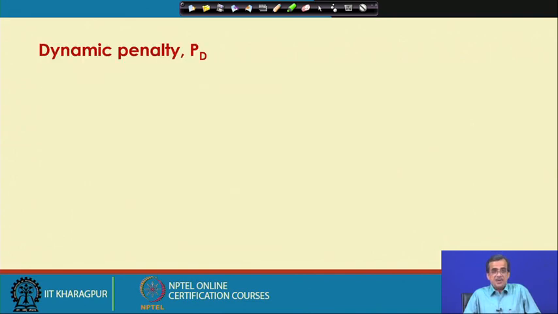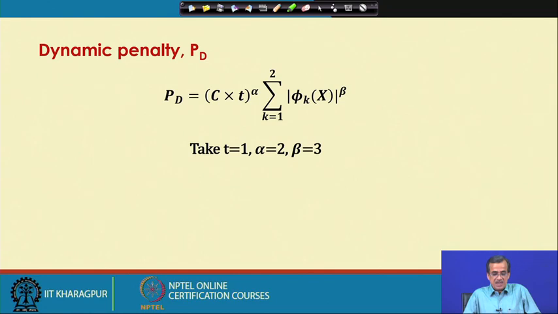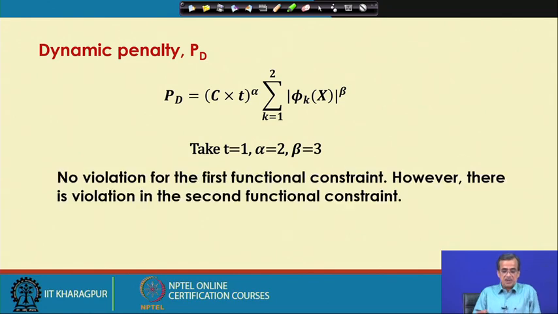Now, I am going to discuss the concept of the dynamic penalty. The dynamic penalty is calculated as follows: P d is C multiplied by T raised to the power alpha, summation k equals 1 to 2, mod value of phi k x raised to the power beta.